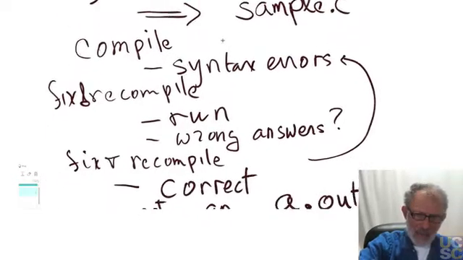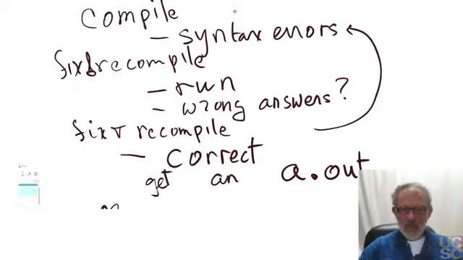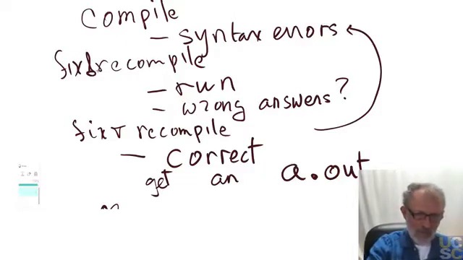Then I'm going to actually make sure the program works as I thought. So we'll call in our GCC compiler. We'll see if there are any syntax errors. When we fix all the syntax errors, we can recompile. The fix is going to require use of the editor again. We keep running the program.